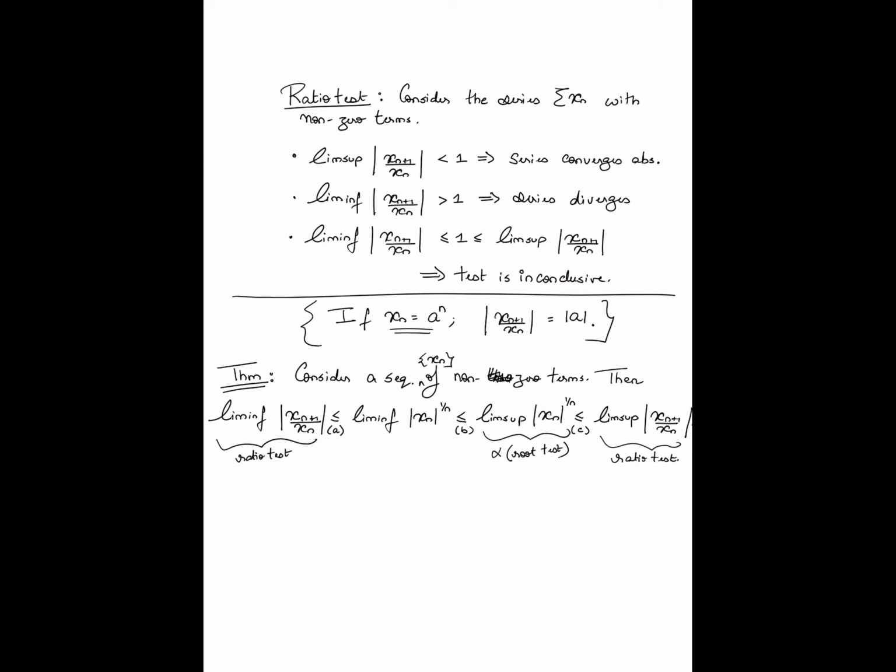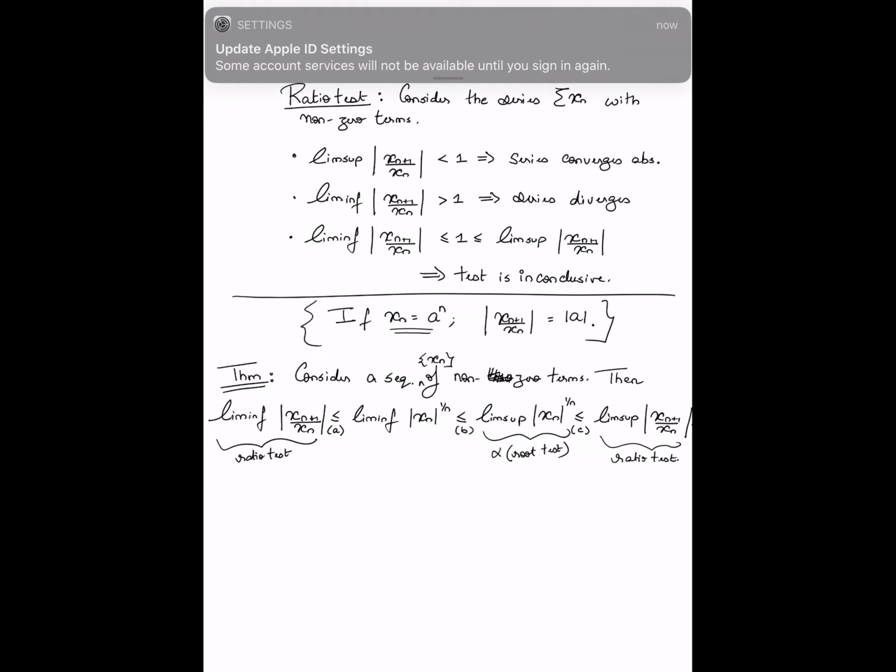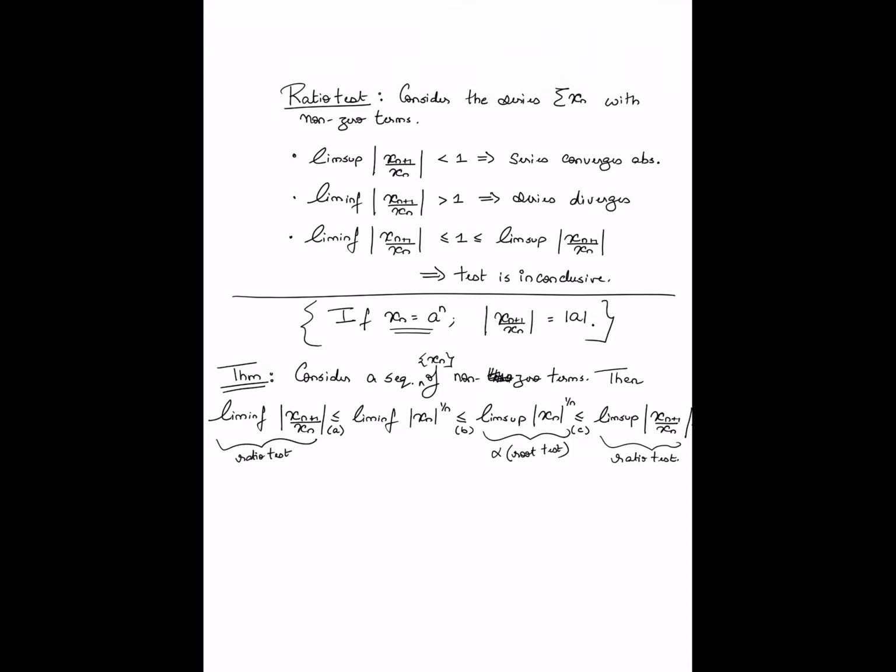It says that if the lim sup, the object I've written on the rightmost, is less than 1, then given the string of inequalities, alpha is also less than 1, and therefore, by the statement of the root test, which we have already proved, the series converges absolutely. So I can piggyback on the root test to prove the ratio test.